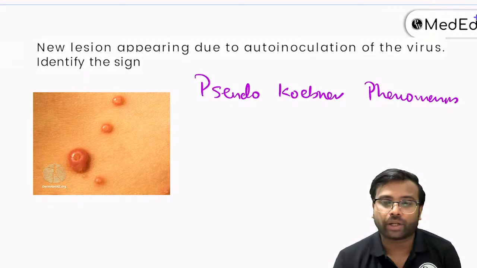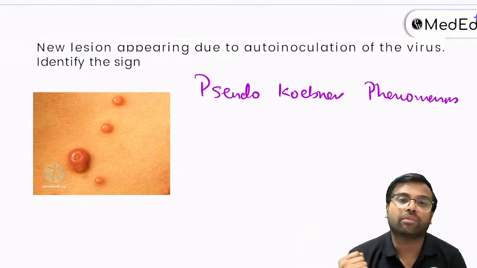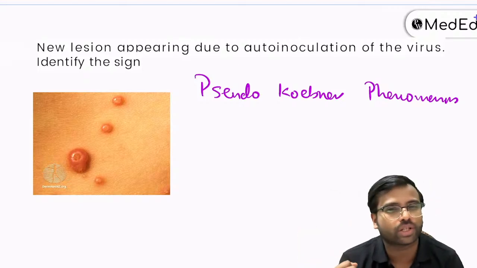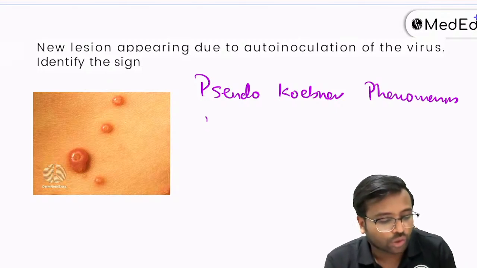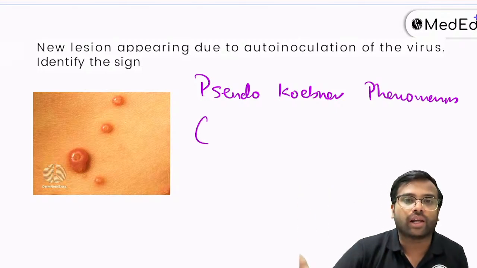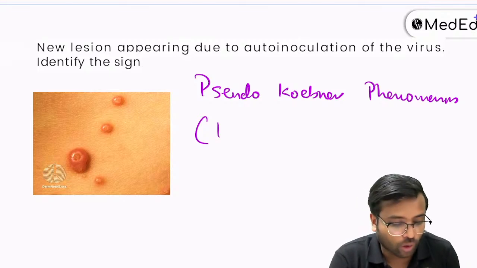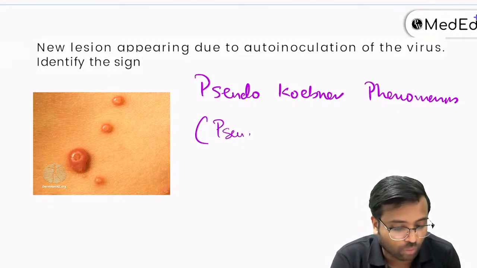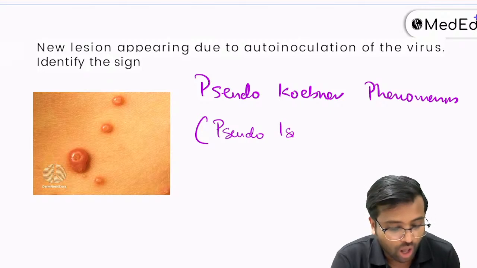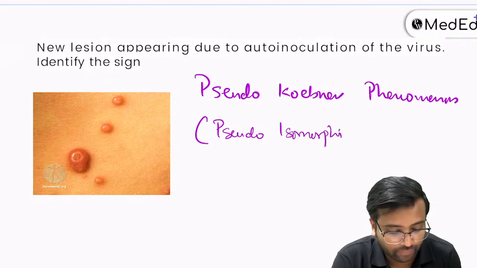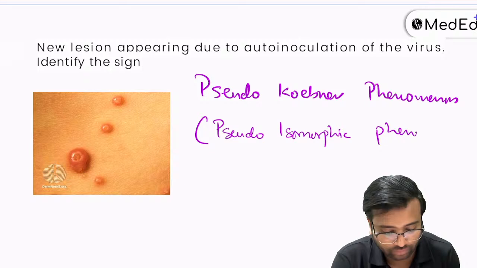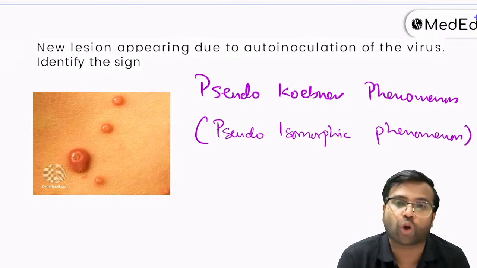Remember what is the other name of Koebner phenomenon I mentioned just now? Koebner was also called isomorphic, right? So pseudo Koebner we call pseudo isomorphic phenomenon. So this is the name of pseudo Koebner phenomenon.